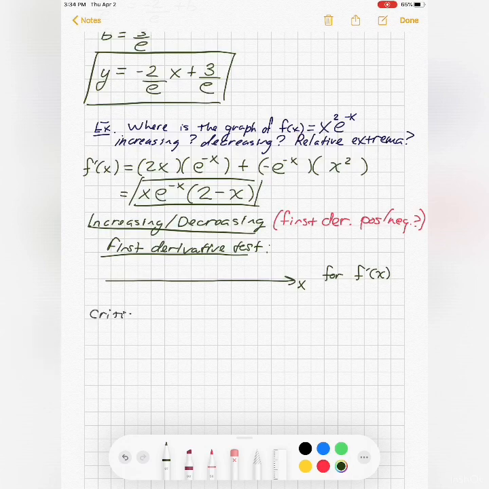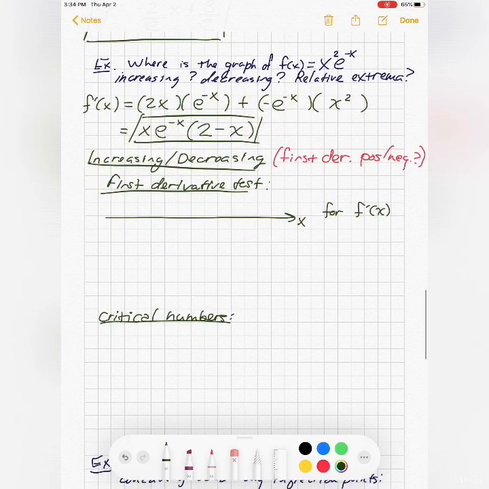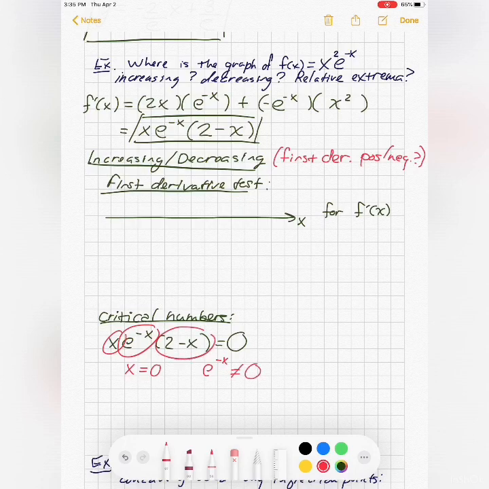I need to fill in there the critical numbers. So let me look at that first derivative. Let me say, where is that first derivative equal to 0? Okay, so what are my solutions? So I'd have x is 0. Now e to the negative x is never equal to 0. So no solutions there. So looks to me like my critical numbers are 0 and 2.